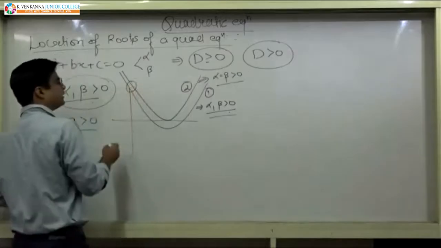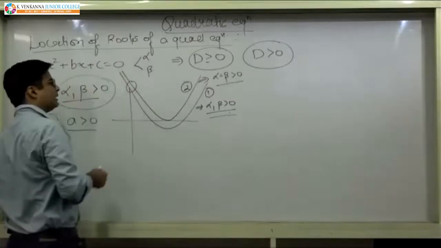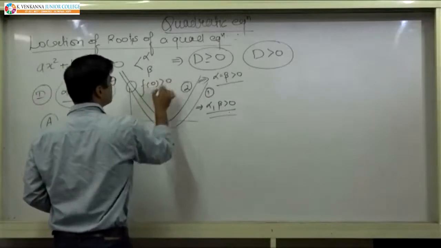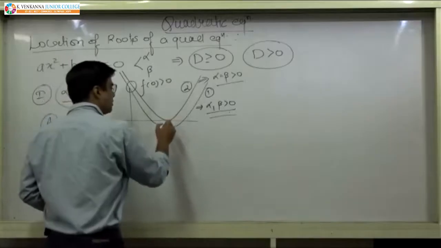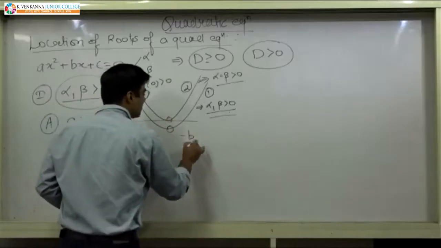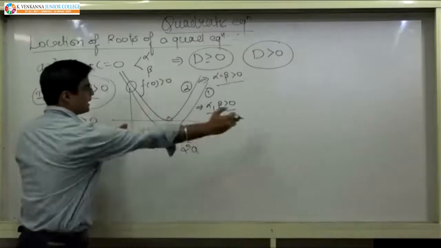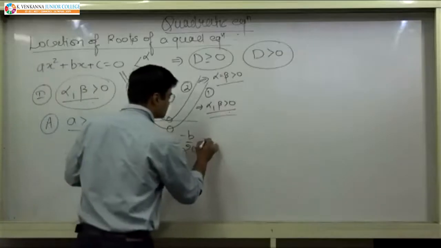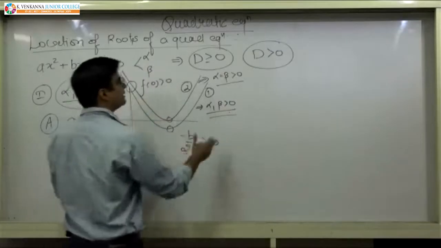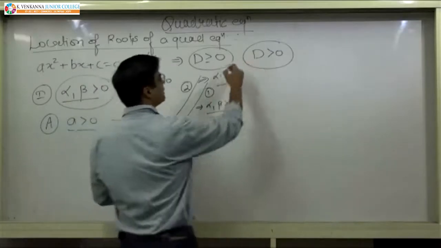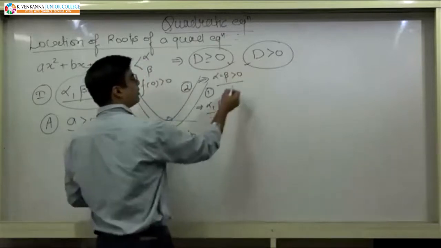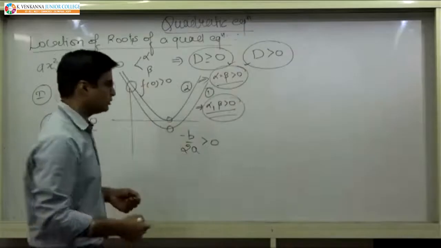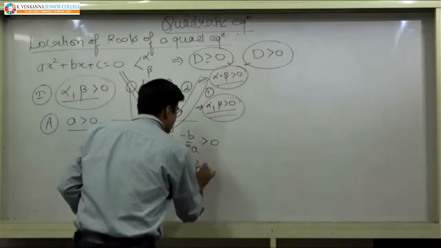It is intersecting the y-axis above the x-axis, so this is your f of 0, which is greater than 0. Your turning point, minus b by 2a, is occurring on the right hand side of the origin, so it must be greater than 0. And discriminant, we will take both cases, because roots can be equal or distinct. So discriminant greater than equal to 0.